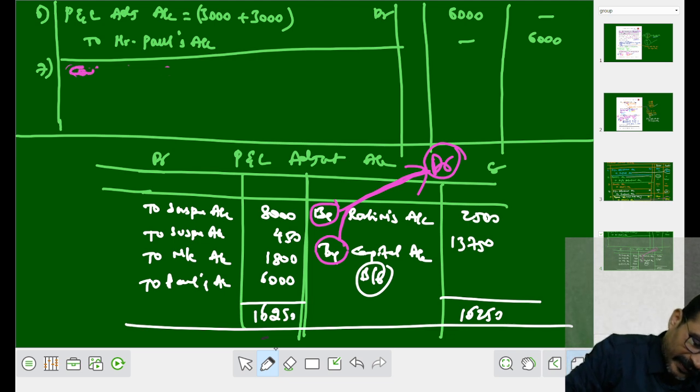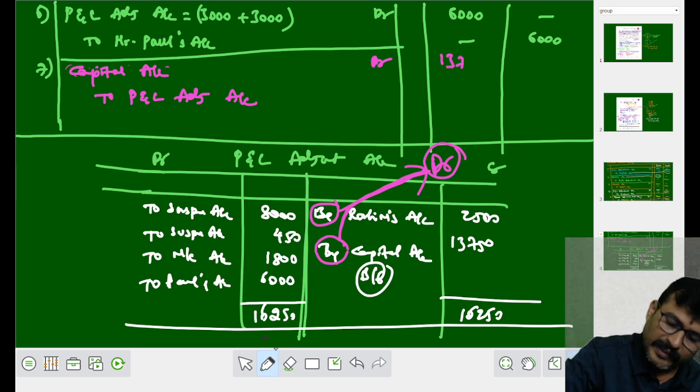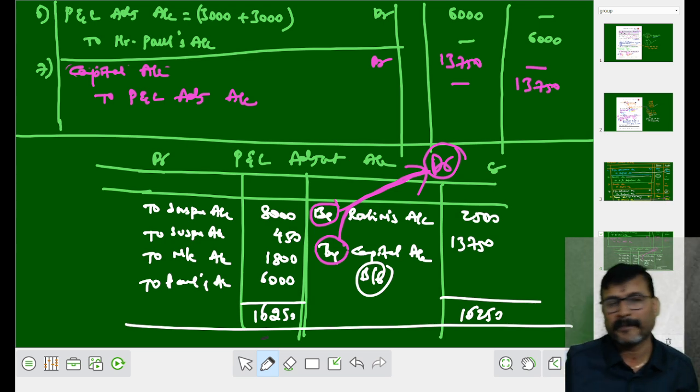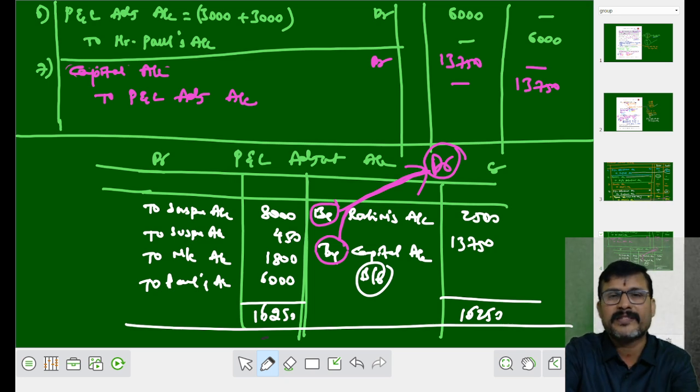For that the entry will be capital account debit to P&L adjustment account with an amount of rupees 13,750. I hope, my dear students, you understood the entire problem of this.